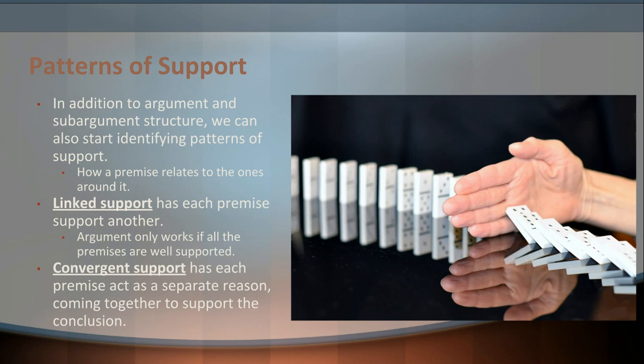Much like a line of dominoes, where knocking over one will in turn knock over all the rest. Arguments that have a linked pattern of support make it to where every line in them supports another one. And the whole thing only works if every single member of that chain, every single link in that chain, fits together well.